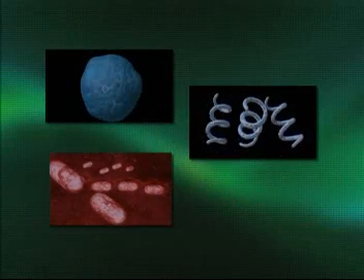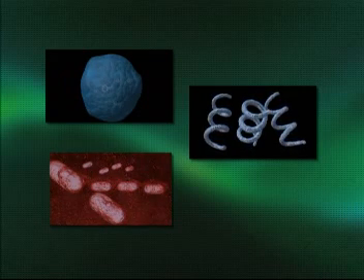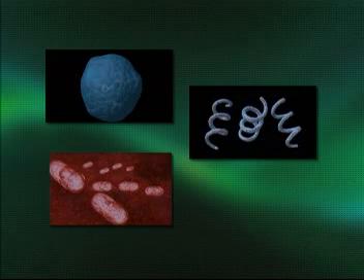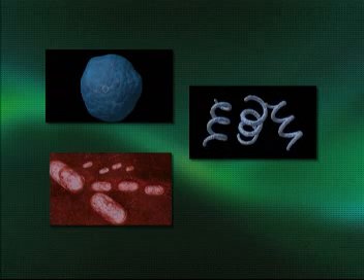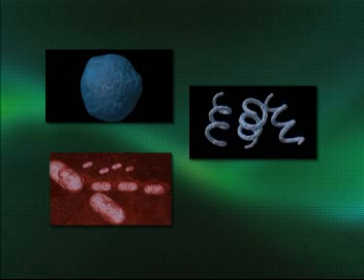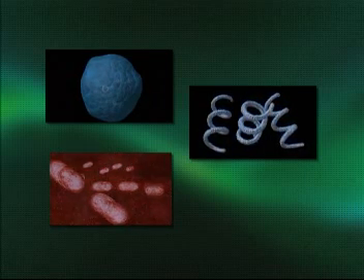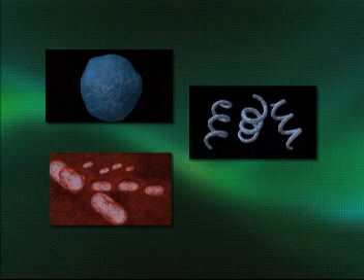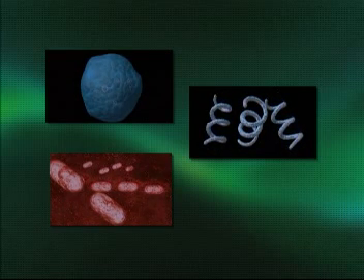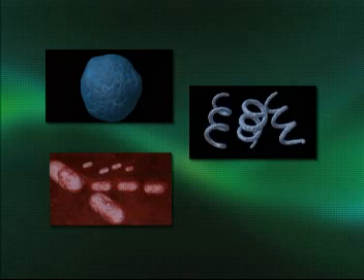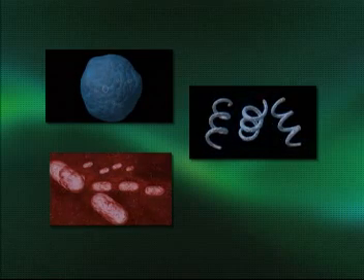A simple way to classify bacteria is by shape. When a biologist examines bacteria under a microscope, they can make an immediate observation about the bacterium based on what it looks like.